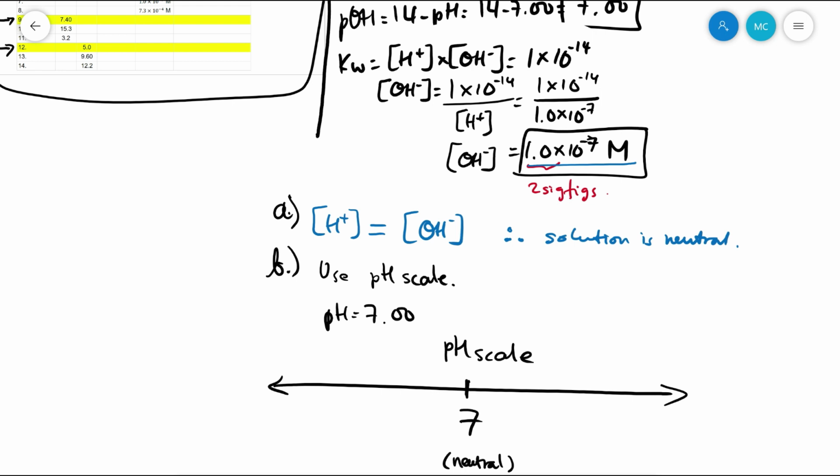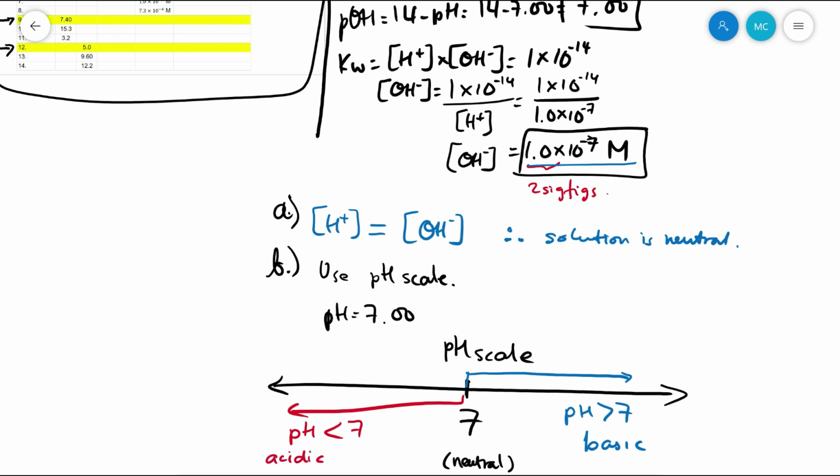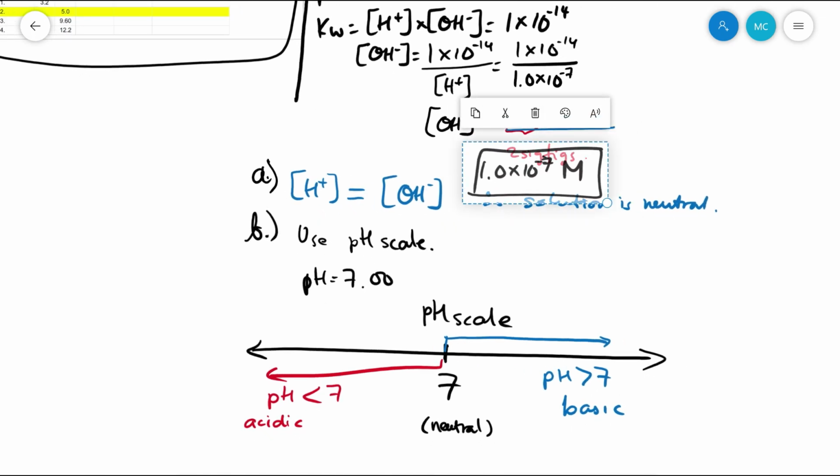Now, if you have pH greater than 7, this is basic. If you have pH less than 7, this is acidic. So this is the pH scale that most people use in the lab or in math calculations, such as the problems that we have here. Let me zoom out.